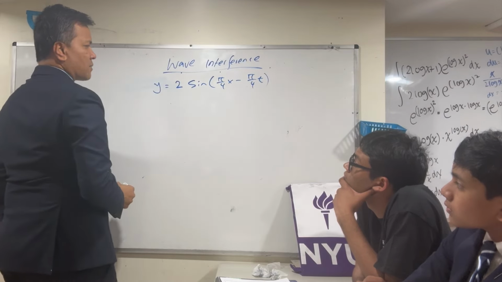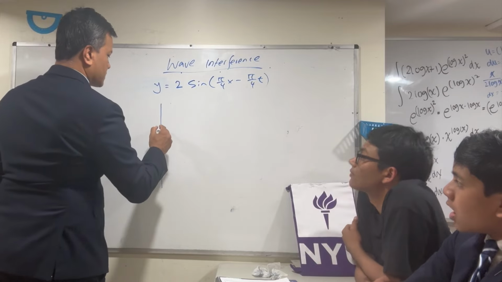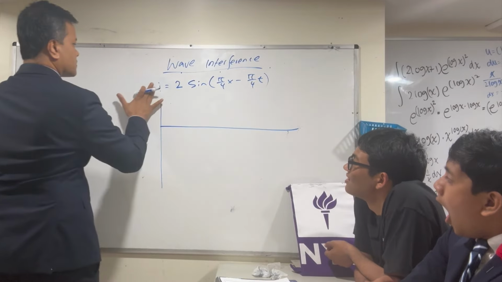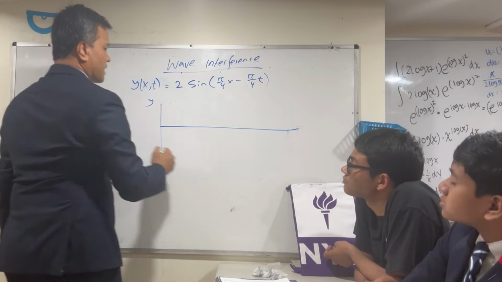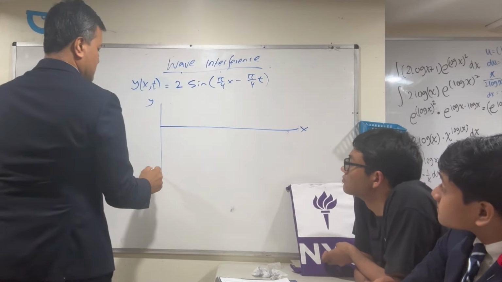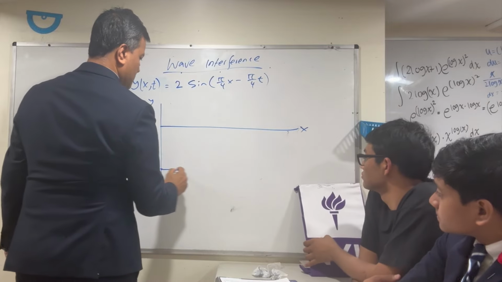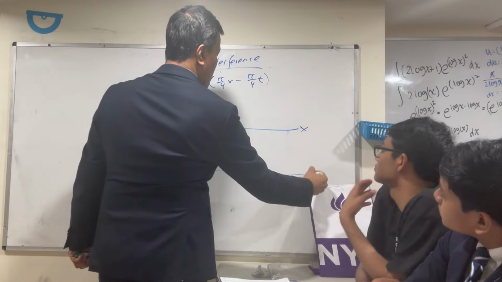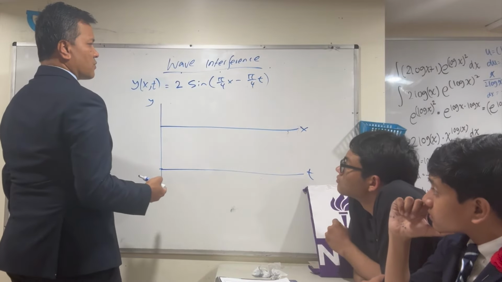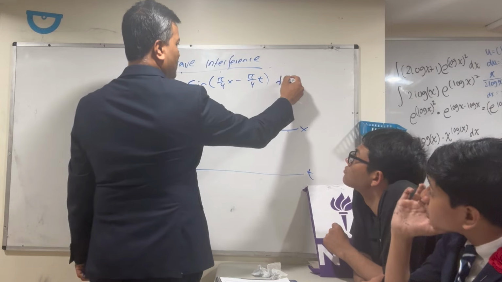First, can you tell me the wavelength? Okay, I'm going to draw y with respect to x and t. So let's say this is y and x, and this is y and t. To do y and x, I want the wavelength. So what is the wavelength?